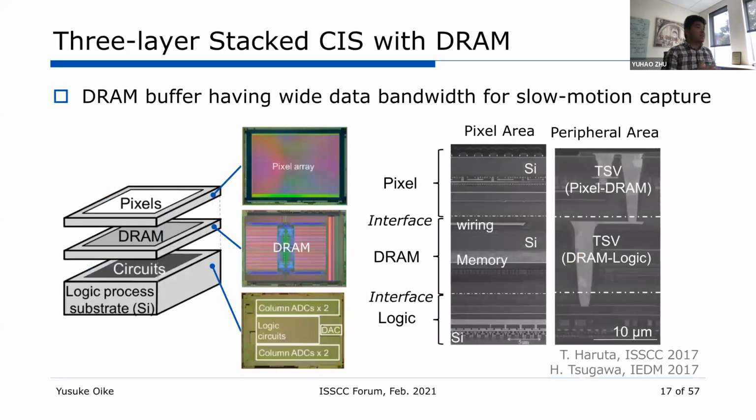This is slightly more recent: a stacked sensor with the pixel array, the DRAM layer, and the logic process substrate, which is basically for computation. And I think Sony recently came up with a die-stacked image sensor where they literally integrated a neural network processor inside the sensor. All this is to say that you can more or less treat a sensor as a full-fledged processor.